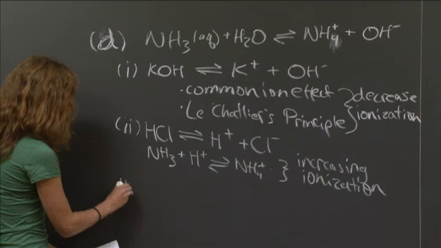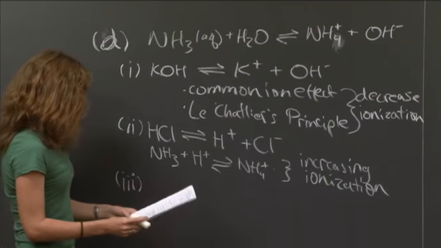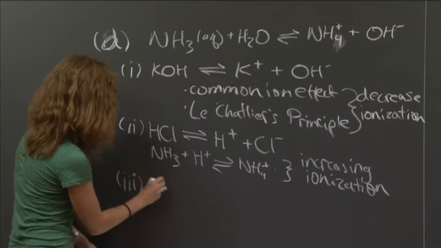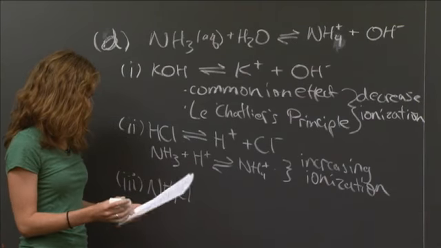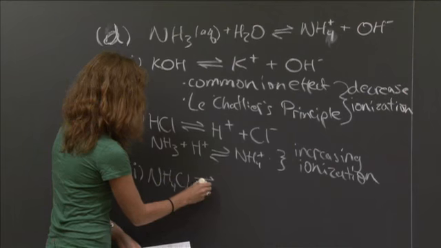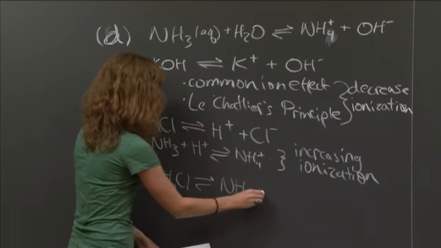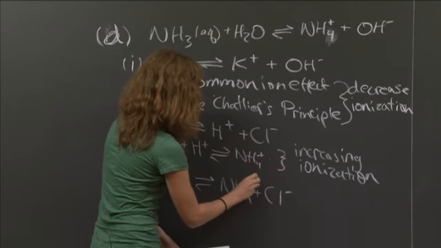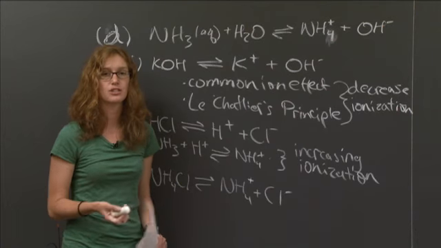Okay, moving to part 3. We have ammonium chloride. And this will dissociate into ammonium and chloride. Even if you're not sure how much it will dissociate, it will still dissociate to some amount.